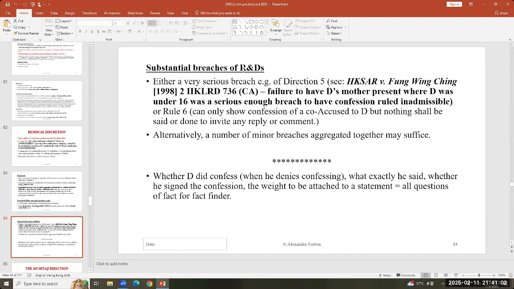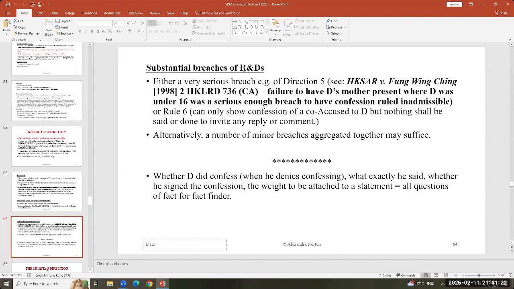A cumulative breaching of minor provisions, or we need a very serious directional rule that's breached, like showing the accused a confession of the co-accused and inviting reply or comment.